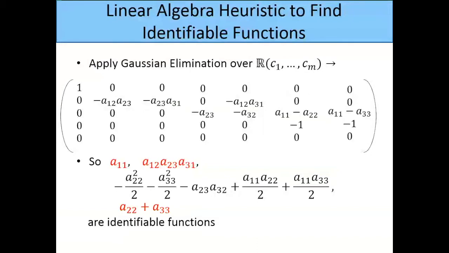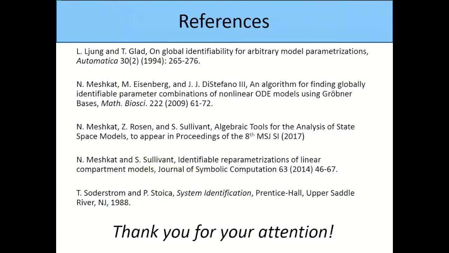Versus with the Gröbner basis approach, I was specifically looking for elements that had this nice decoupled form, which I may not always have. So this method always gives us identifiable functions. They just may not be very simple. So we still may have to apply this for many different column orderings to generate a list of identifiable functions and find the simplest ones among those. And the hope is that since Gaussian elimination is a lot less computationally expensive than Gröbner bases, this will work better for large models with lots of parameters. Okay, so I'll go ahead and end there.